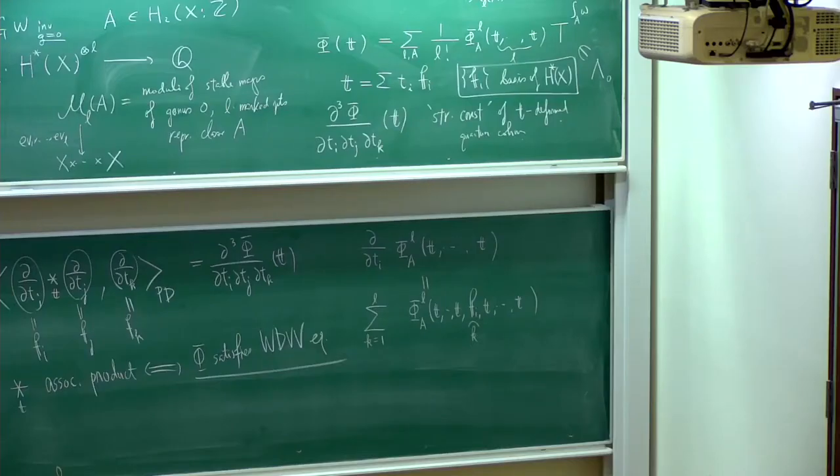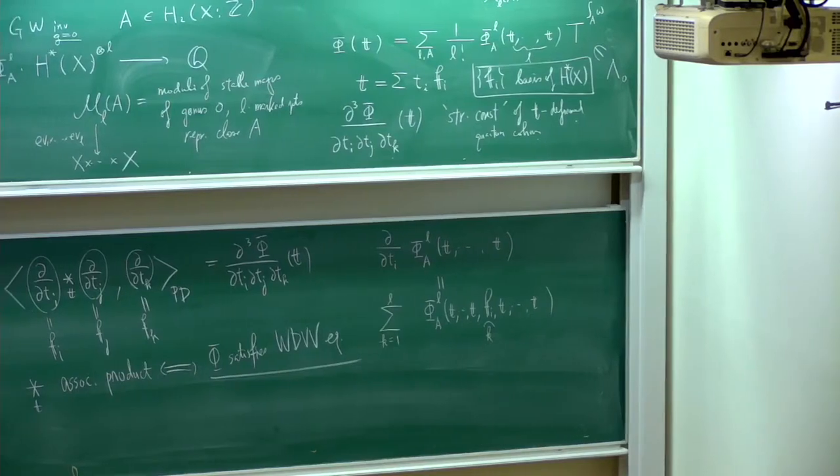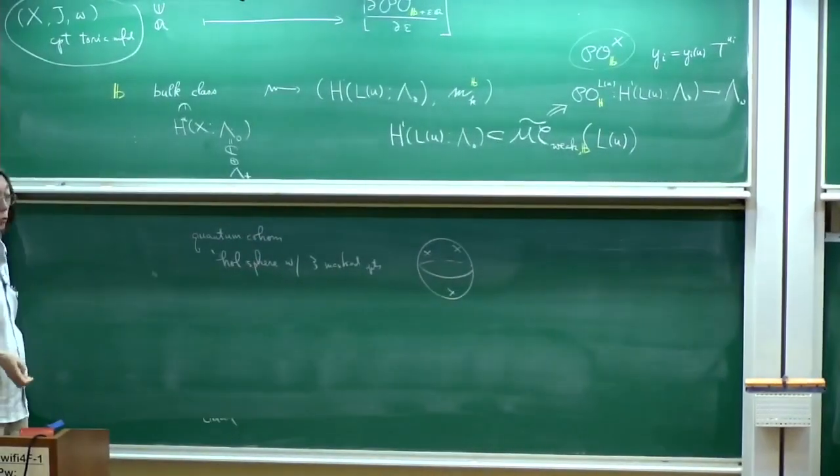In this case, we consider a holomorphic sphere with 3 marked points. So here you have P1, and then you have 3 marked points. 3 marked points on P1 is a rigid object. You have a unique moduli.